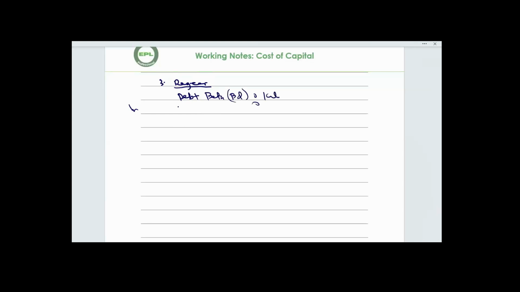Of Kilimanjaro PLC, the debt beta is not given. Therefore, it is assumed to be risk-free.